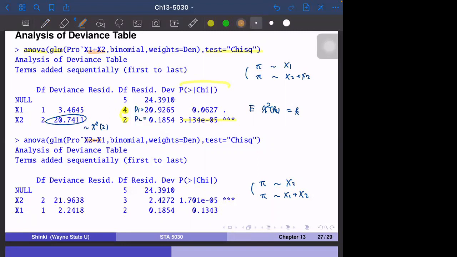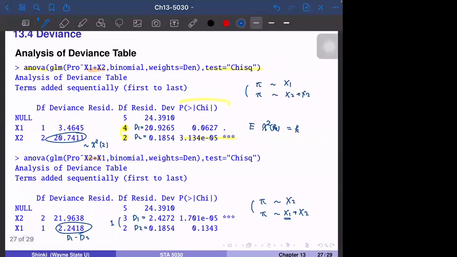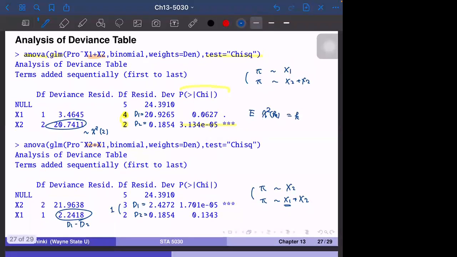So this time D1 is equal to this and D2 is equal to this, so the difference is here. The difference in degrees of freedom is 1, because we add the X1 term, and that is just one term, only the alpha 1 term. The DF is 1 and the difference is 2.24. So it's kind of in a gray zone.